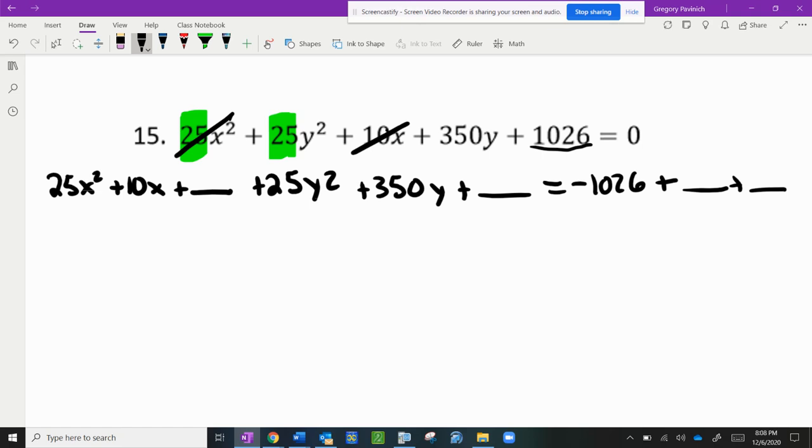So the first thing that I'm going to do is factor out my 25s. And if I divide that by 25, I get 2/5. Factor out my 25 out of here. And I get 14.